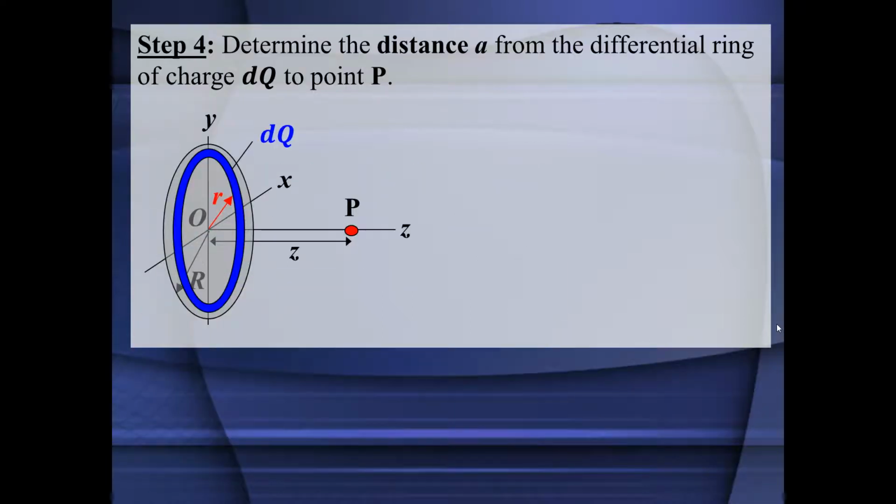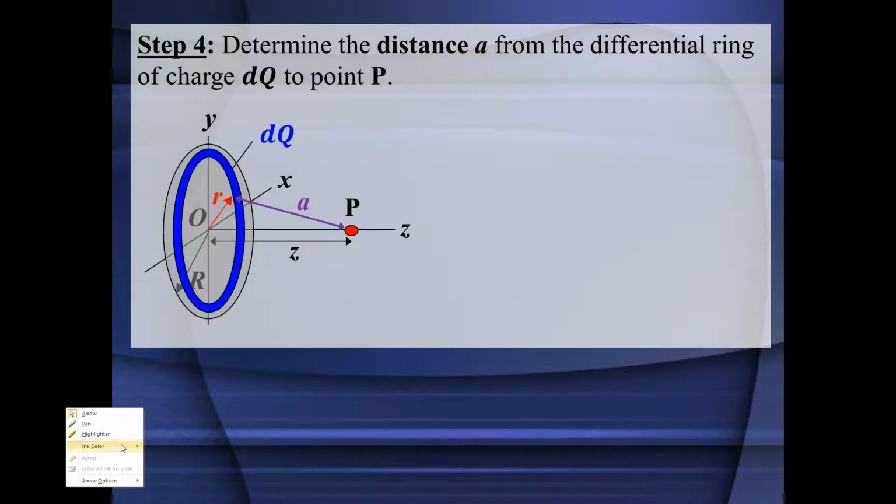Step 4, we want to determine the distance from the differential ring I have, so that's dq, to a point that we're interested in. And again, that point is located at a distance z from the center of the ring along the z-axis. So if we go ahead and draw that distance, I just chose some arbitrary point on the differential ring to draw the distance a from.